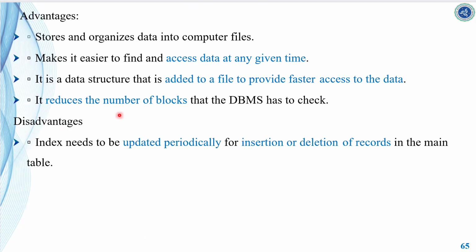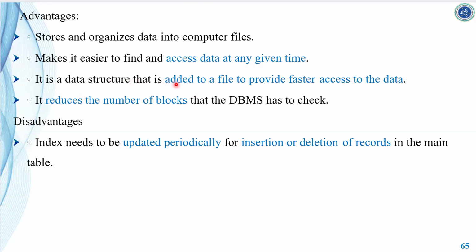Now we can see some of the advantages and disadvantages of using indexing. It stores and organizes data in computer files, and the main advantage is that we can find and access the data in a very small amount of time.